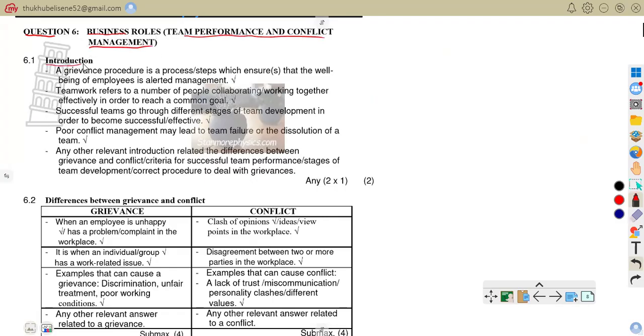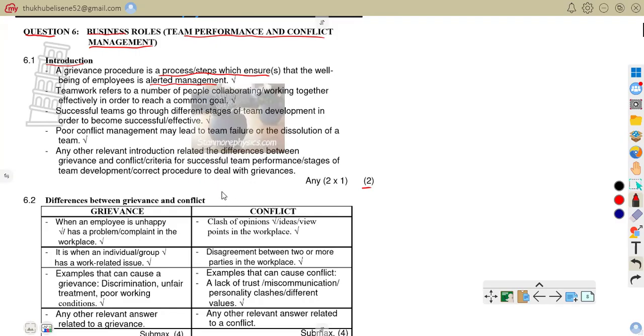Like we have said earlier, when we are writing an essay, we have to make sure that we start with an introduction. With the introduction, you're going to earn 2 marks. A grievance procedure is a process of steps which ensure that the well-being of employees is alerted to management. It is a procedure that employees must follow when there is something that does not sit well with them.